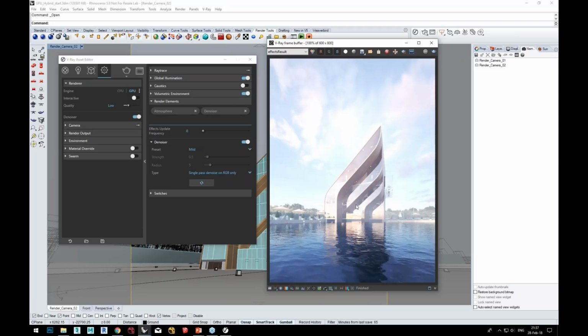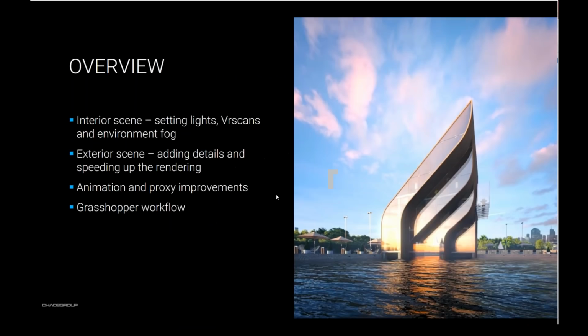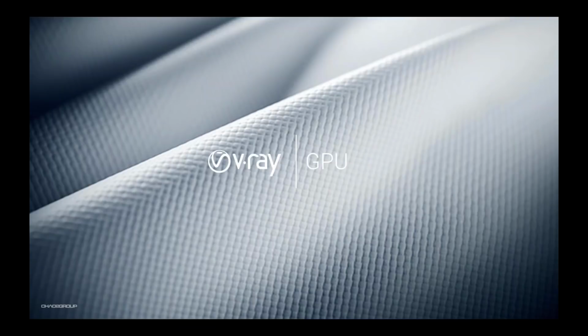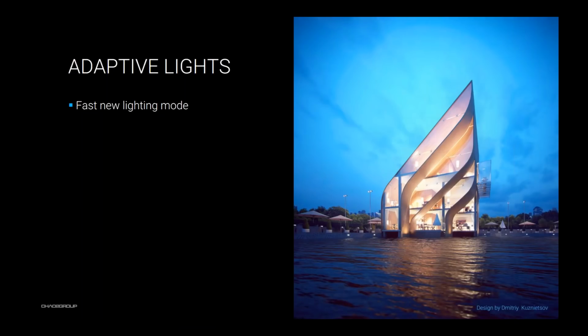All right. And at this point, I would like to mention another improvement that we have made, and that could really help you with scenes where you have a lot of lights. So in house here at Chaos Group, we have developed an algorithm called adaptive lights that is going to take care of the many light sources in your scene.